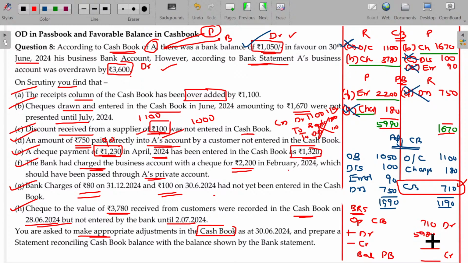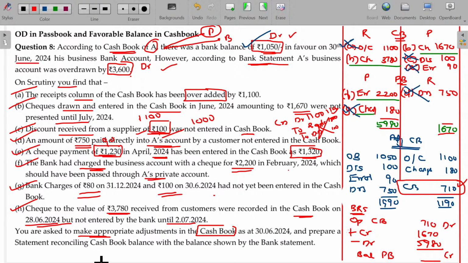And we started with the debit, no. So credit should be added, sorry. Okay. Credit should be added. Debit should be subtracted. So debit value here being 5,980. Credit value being 1,670.